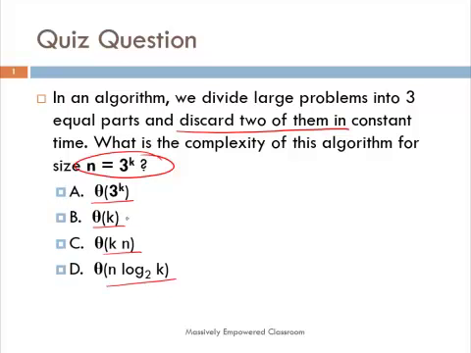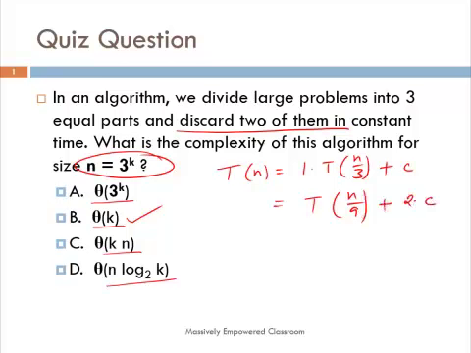The correct answer is theta of k. How do we get that? T(n) is equal to 1 times T(n/3) plus some constant, which is nothing but T(n/9) plus 2 times the constant, right? And so on.